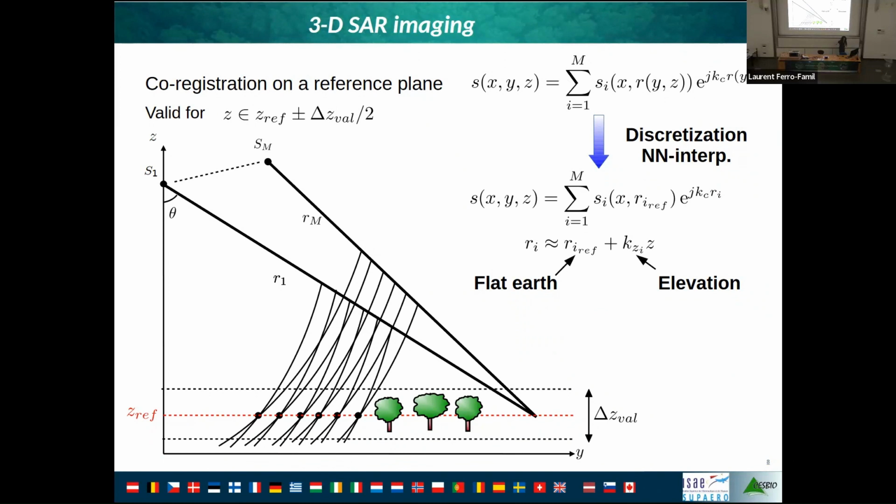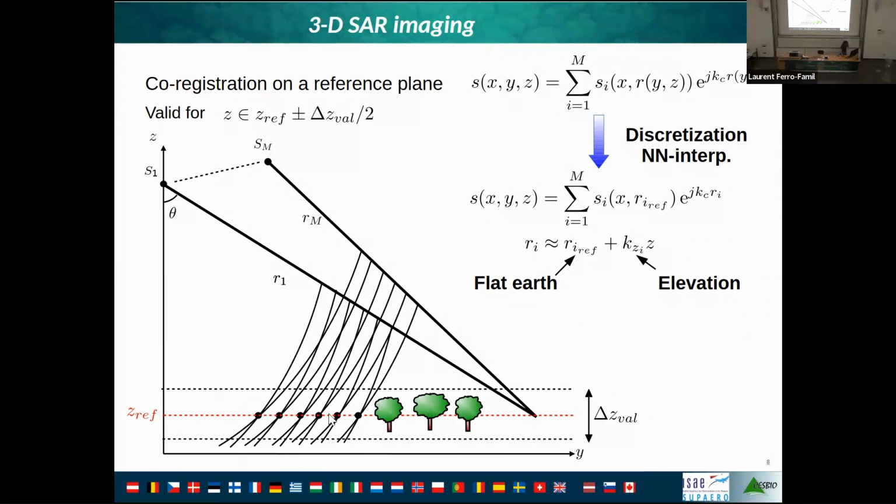They have already done this work. What they give you is the KZ parameter, which is the remaining part of the distance. It's a linear approximation of the remaining part of the distance. So the data are co-registered, this has been removed, and you get this KZ term.